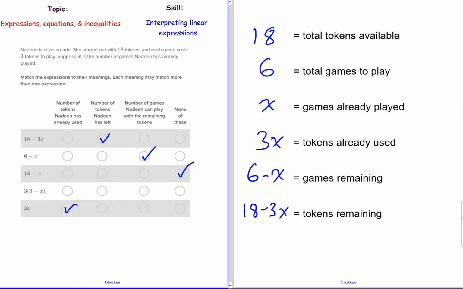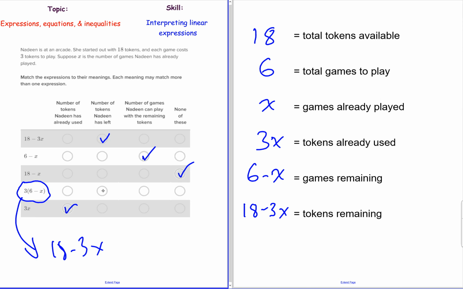Now this last one looks a little interesting, and I hope you guys can see, because I look at this and I say, wait a minute, what if I distribute? If I distribute, I get 18 minus 3x. Didn't we use 18 minus 3x already? Isn't that the number of tokens Nadine has left?